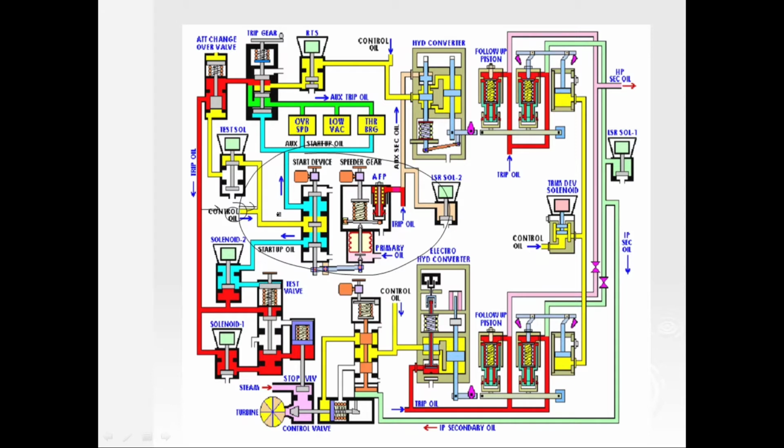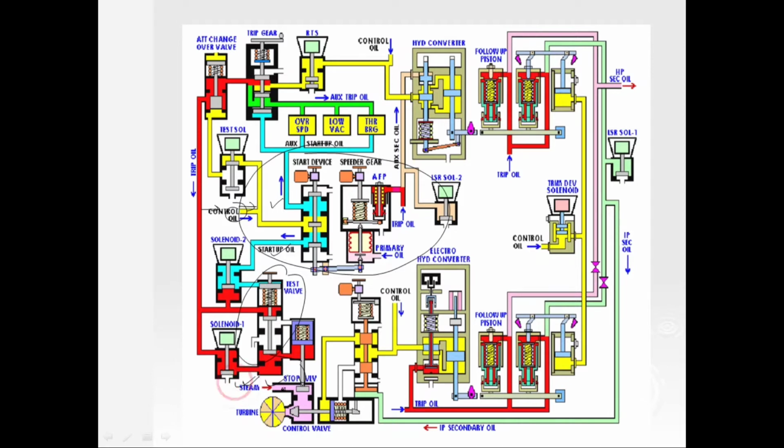So first let me describe how the governing works. Here auxiliary startup oil and startup oil are generated through this solenoid test valve. This test valve goes to reset our stop valves, and the stop valves open. From the bottom there is startup oil, which resets the test valve and in turn the stop valve opens or closes.